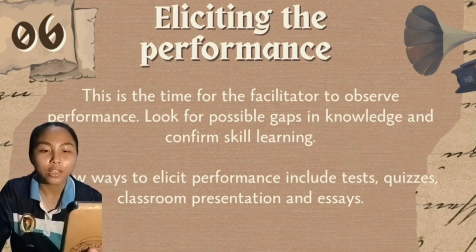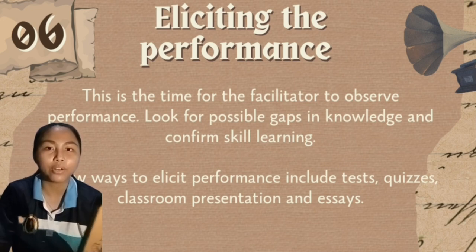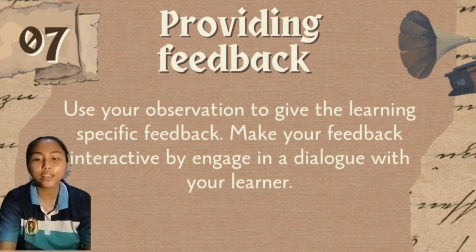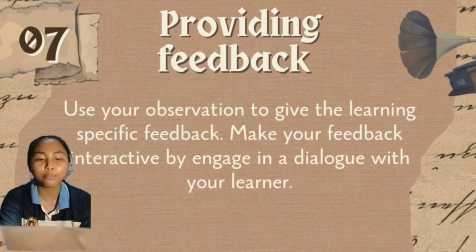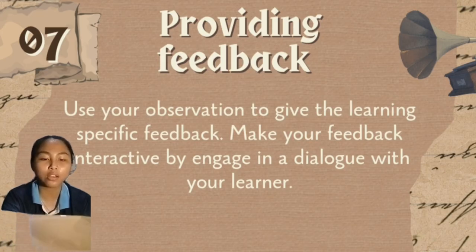Retain information. Experiential learning methods can help students retain information and file it in their long-term memory. Providing feedback. Use observation to give the learner specific feedback. Make your feedback interactive by engaging in a dialogue with your learner.